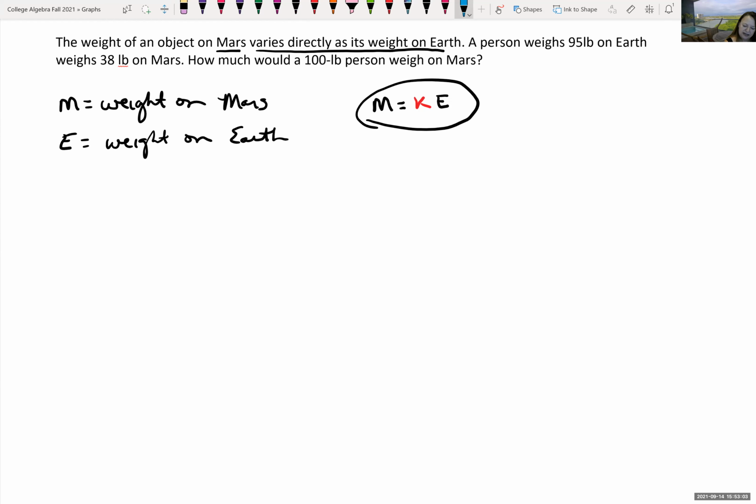We now know that a person weighs 95 pounds on Earth, weighs 38 pounds on Mars. So we have 38 is equal to K times 95. So K is equal to 38 over 95. So K is equal to 0.4.